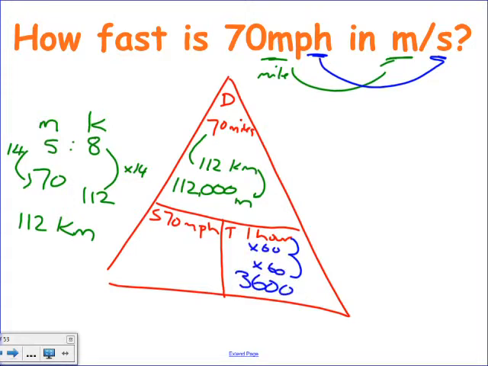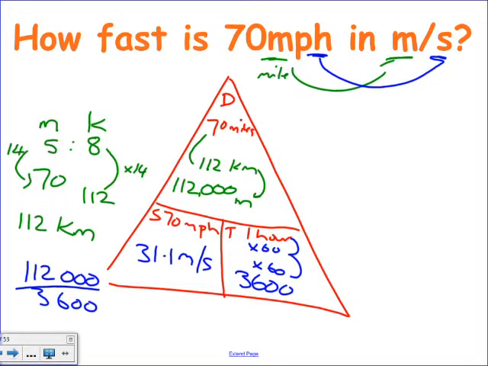Good. So I've now got the units I'm interested in. I've got my metres and I've got my seconds. Does that make sense? So now I've got 112,000 and I divide it by 3,600. What do I get? 31.1 recurring.